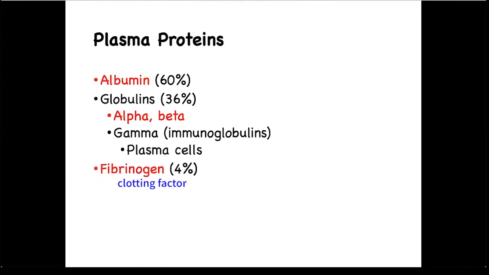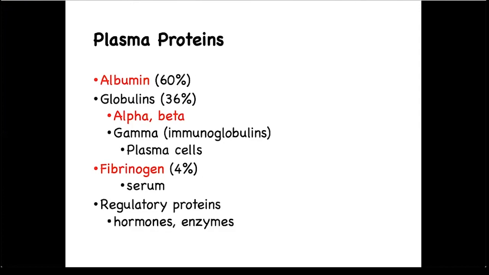The third group of proteins is fibrinogen. Fibrinogen is a clotting factor. Plasma without the clotting factors is called serum. In addition, regulatory proteins such as hormones and enzymes round off the types of plasma proteins that you have.